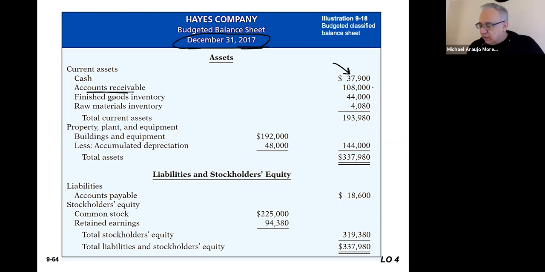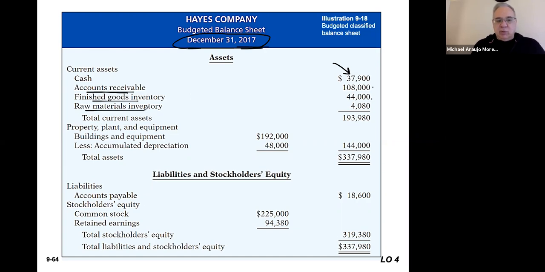Your finished goods inventory is going to be part of your budget, your production budget. You're going to see on your production budget, you had 1,000 units left in inventory. And these 1,000 units that you had left in inventory had a cost of $44 each. So there's $44,000 sitting in finished goods inventory.